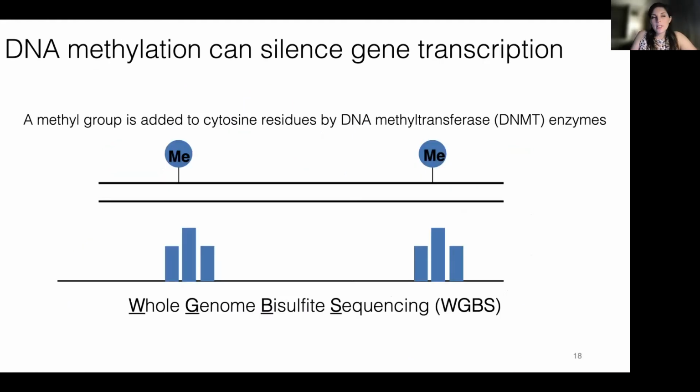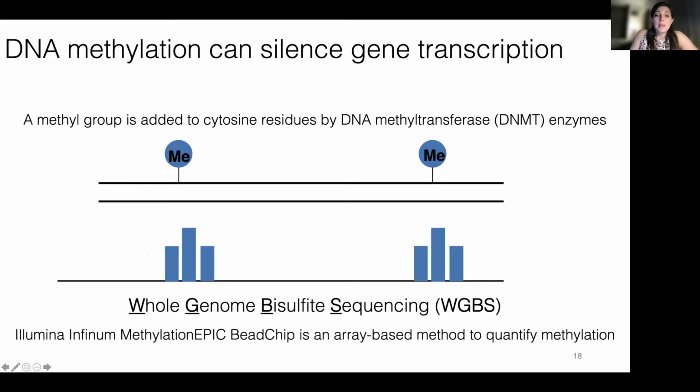So there's several methods for quantifying and finding areas of DNA methylation. And methylation is typically associated with silencing gene transcription. It's associated with more closed chromatin. And the DNA methyltransferase is what adds a methyl group to cytosine residues in DNA, and whole genome bisulfite sequencing is a method that allows us to find the areas where those methyl groups are and quantify how many reads we're finding there through sequencing.